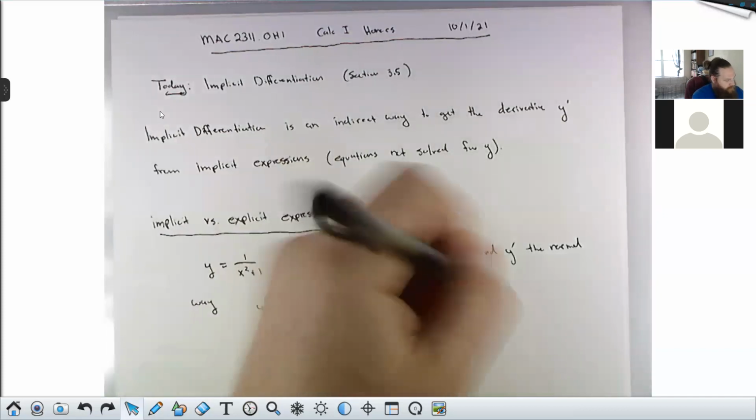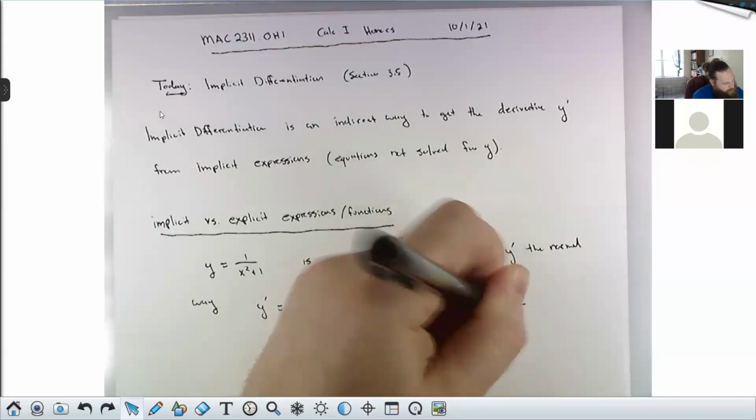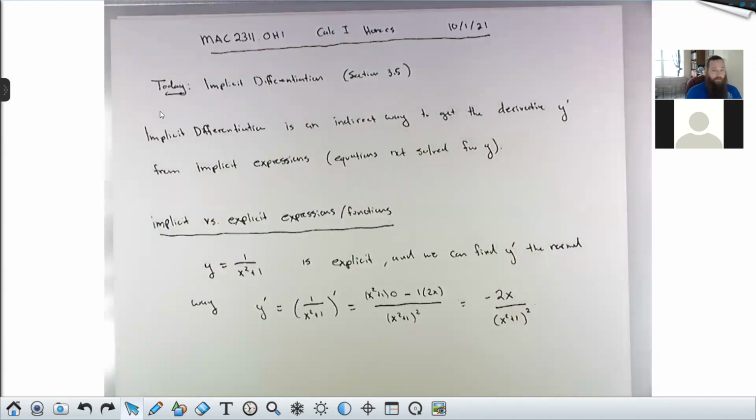So this would be negative 2x over x squared plus 1 all squared. So I'm starting with an explicit definition of the function, right? Y is defined to be a function here. The function is 1 over x squared plus 1. So we can calculate y prime just by taking the derivative of that function, and we get this.